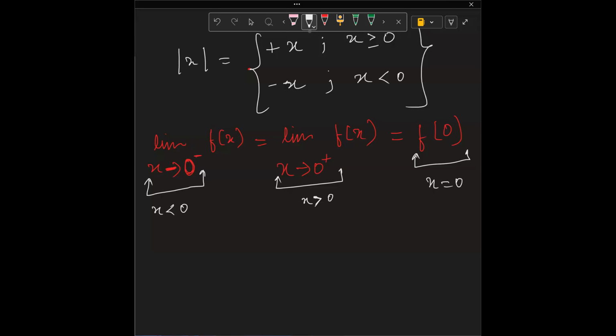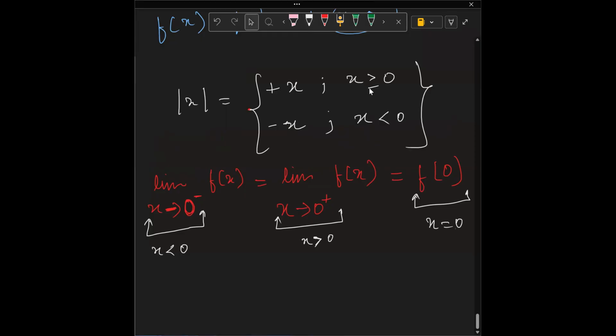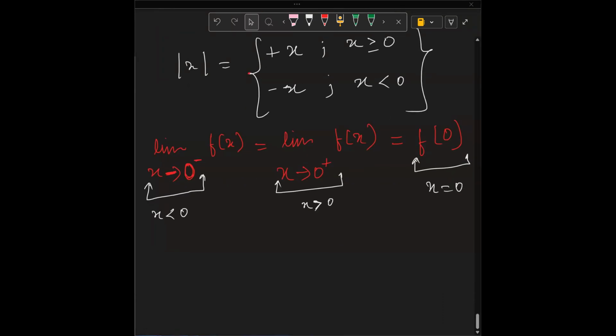So अब see, why I told you to write this definition in the starting, because this is the main foundation for doing these types of questions where you have to use LHL and RHL and the function value, right? So this x is less than 0. So for that, your limit x tending to 0 negative, what will be the value of function?